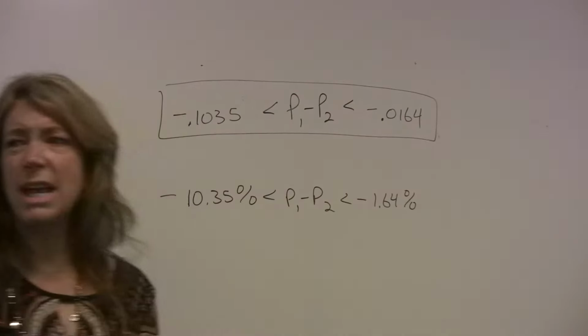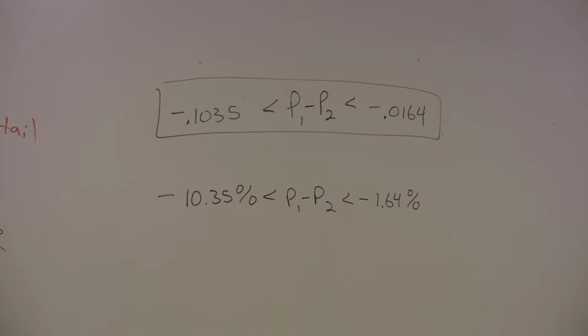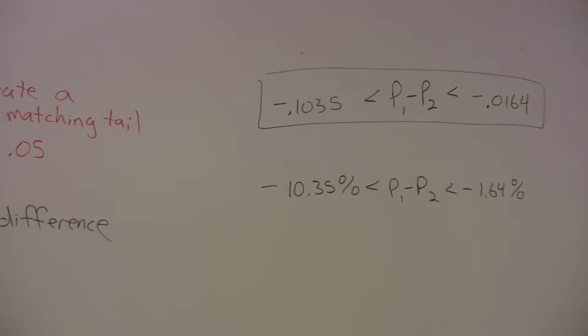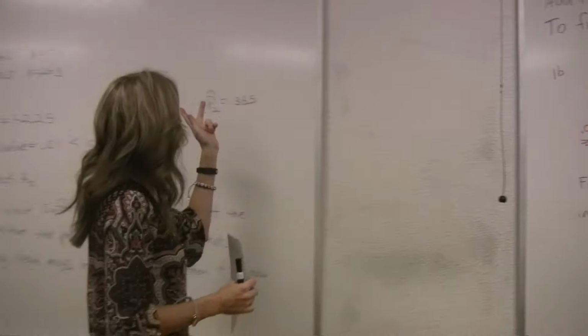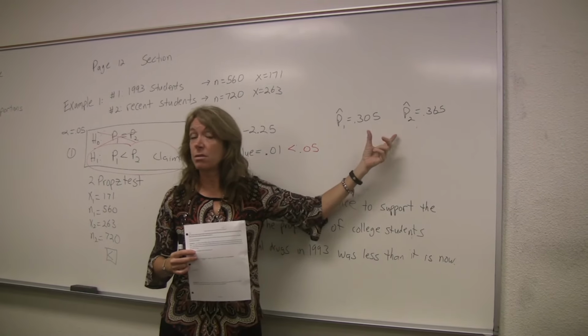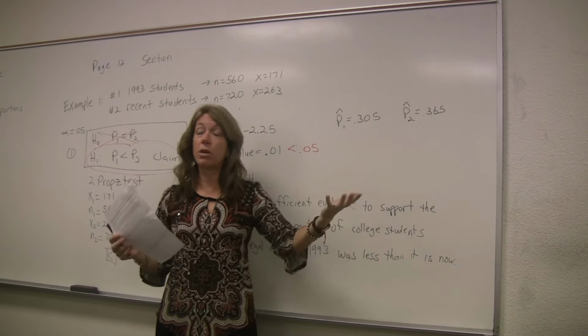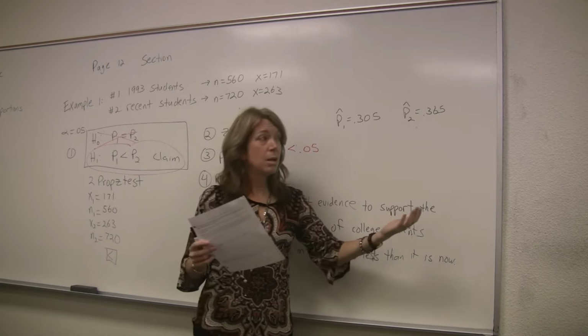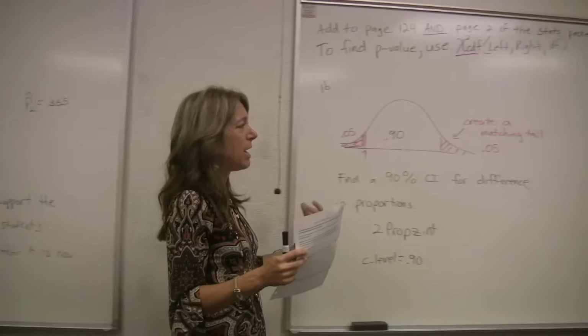I'm just turning them into percents because I can talk about it easier when I use words. So this is telling me that if I subtract my two proportions, because remember these are proportions from the samples, if I knew what they were for the whole population, I'm subtracting and getting a negative answer.